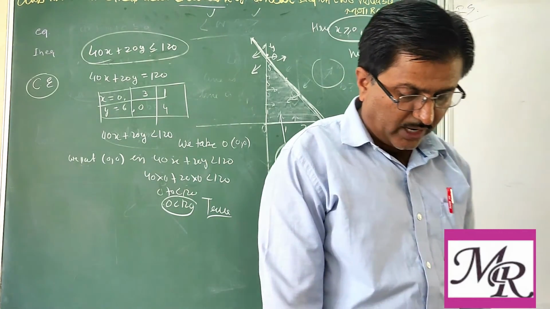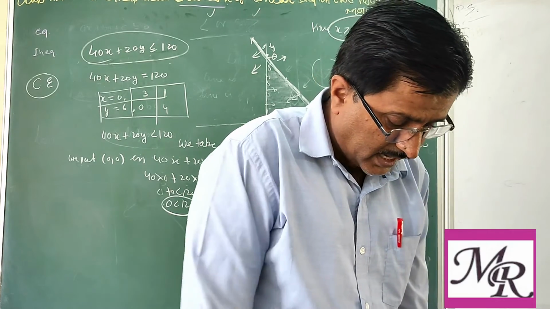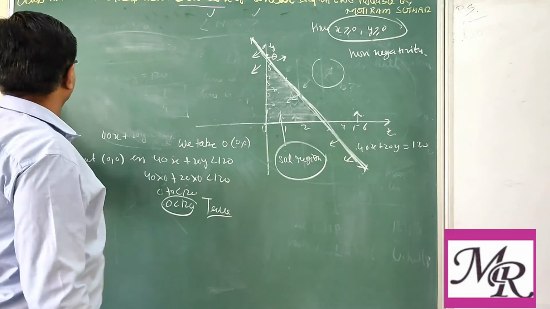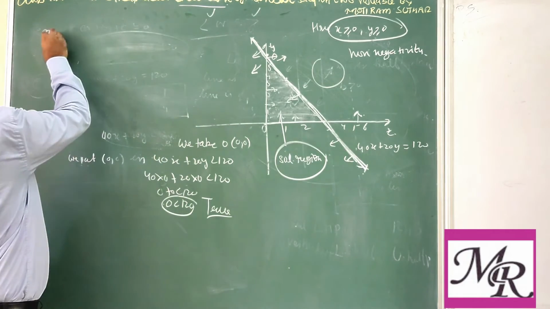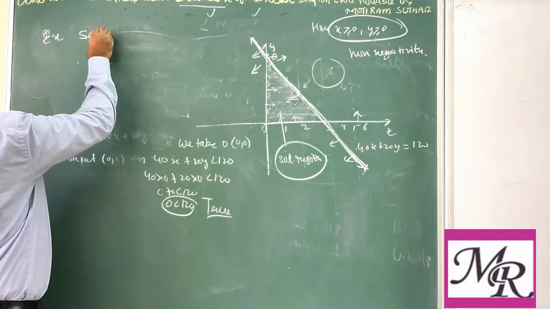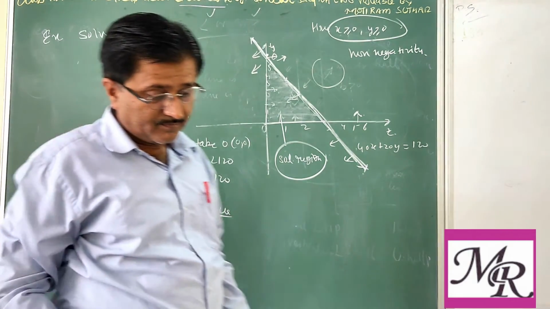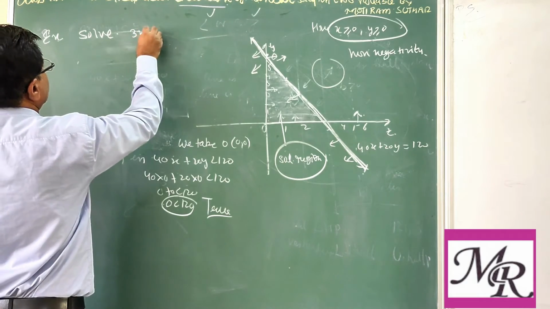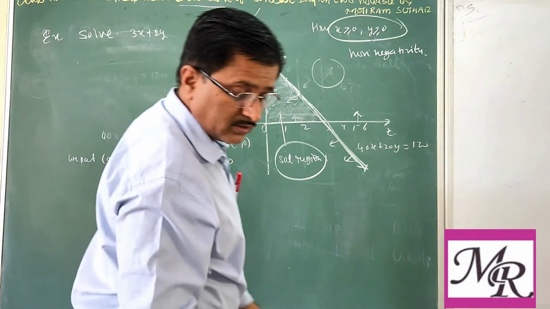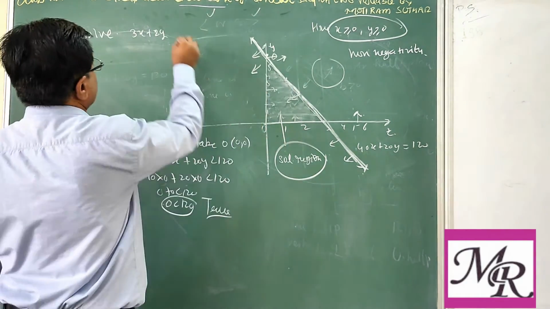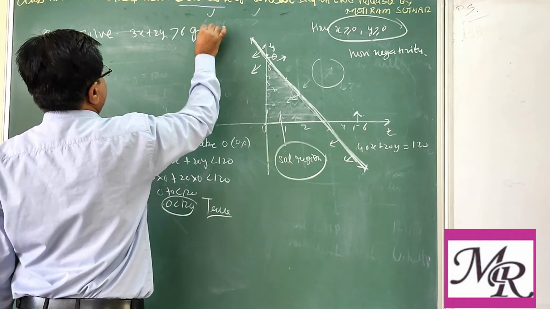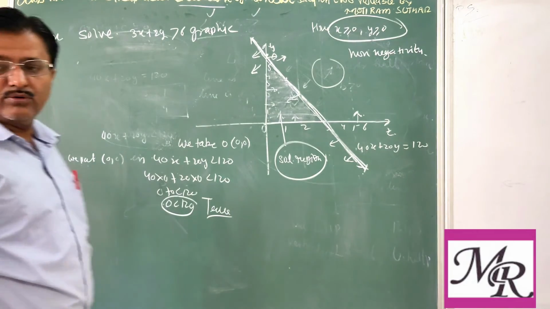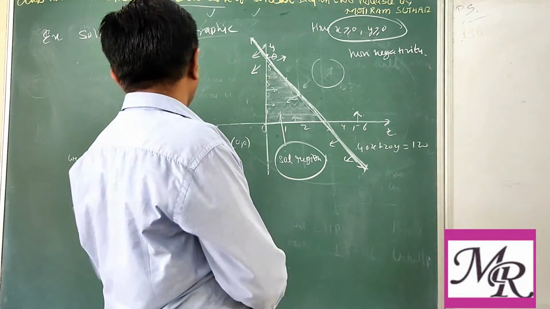Suppose we take one more example that says: solve 3x plus 2y greater than 6 graphically. So how can we solve? First of all you have to write the corresponding equation.